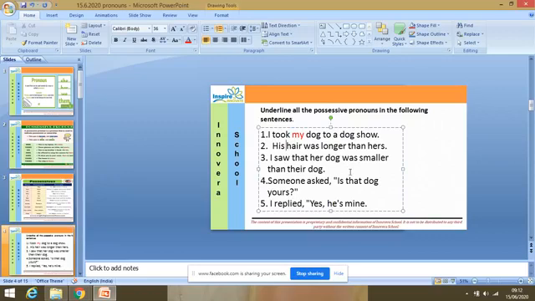I will color it with red so that you can understand. I took my dog to a dog show. Possessive pronoun will be my.